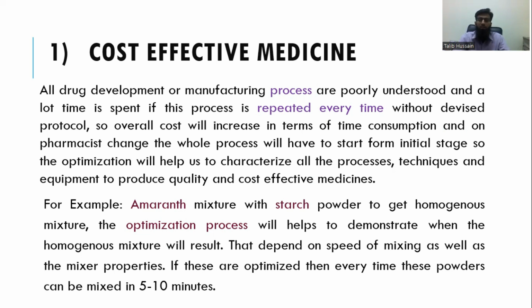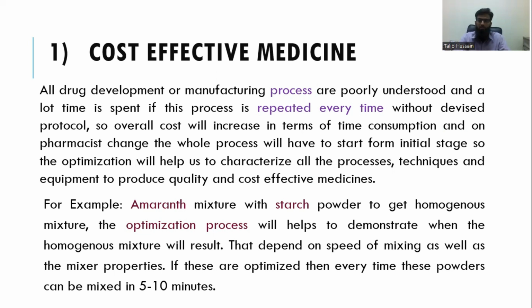So it will take greater time, and if we optimize it based on the speed of the propeller, for example, if it is machine operated, the speed of the propeller should be optimized at which it can transfer to the walls and the walls can transfer it back to the homogenizer.